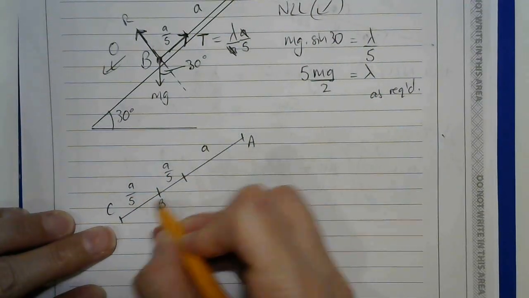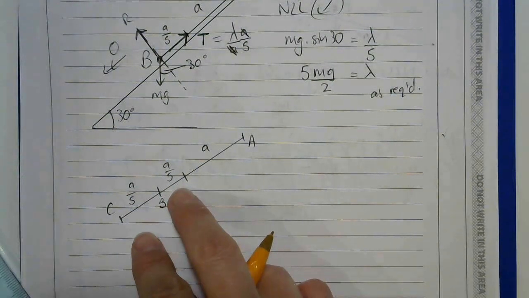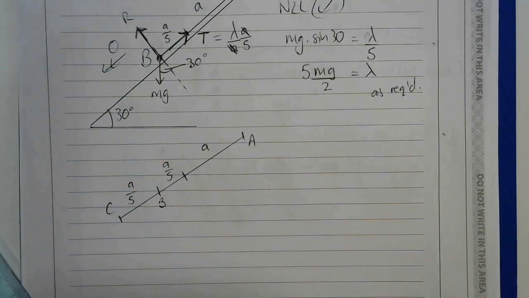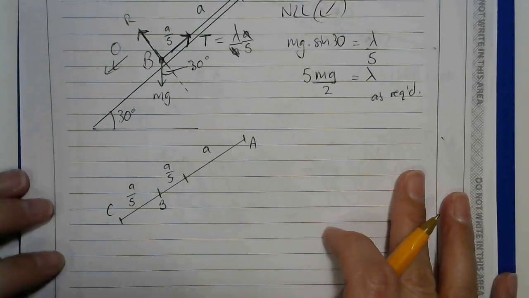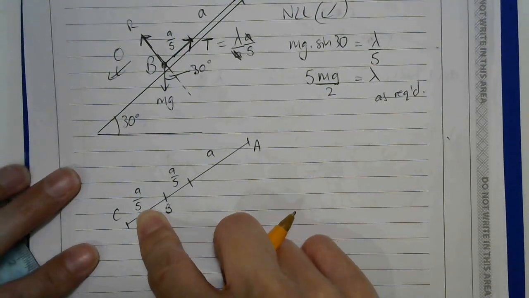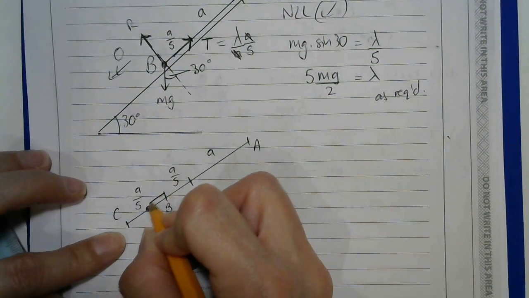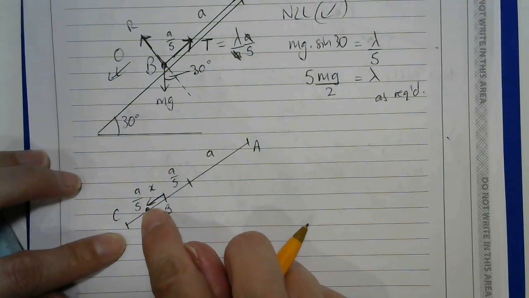And I know it's going to move with simple harmonic motion between these 2 points. These two should actually be the same length, so this is a drawing which is not to scale. However, if I am trying to show that it moves with simple harmonic motion, I need to not use this value, but I need to just displace the particle x away from B and see what would happen in this general position.